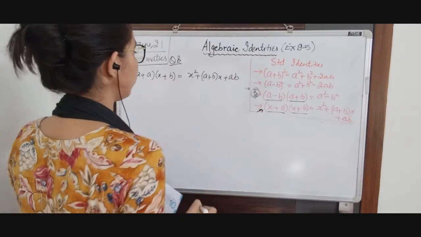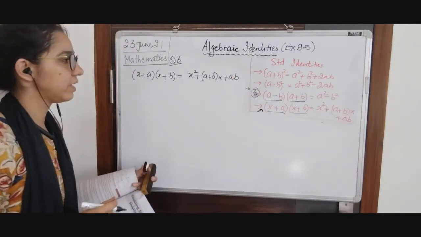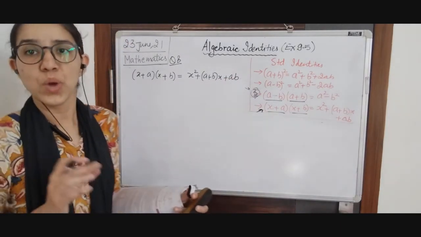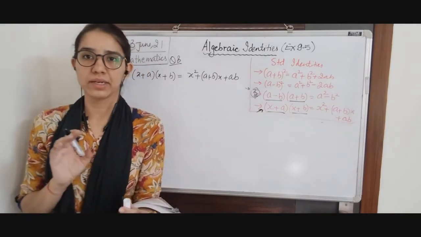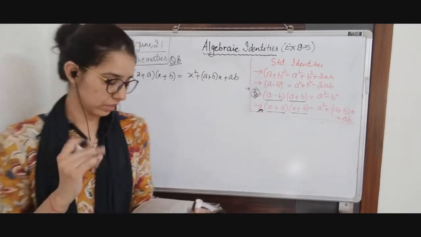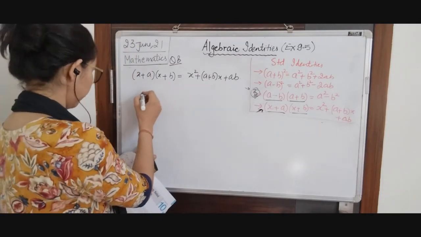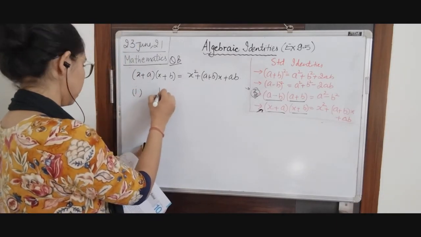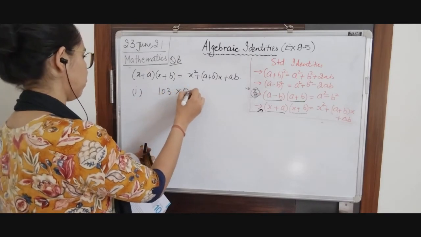Now remember that if you are given an identity to apply in an expression, you have to use that identity only. If you use another identity, that will be incorrect. So suppose we want to solve 103 into 104.